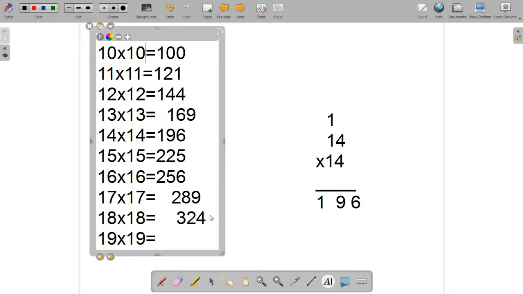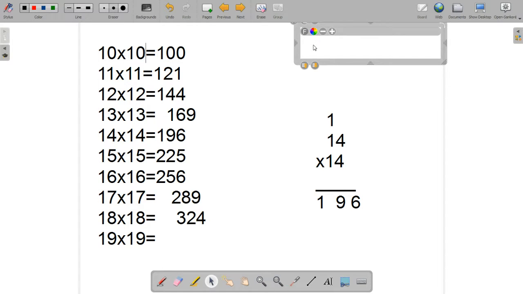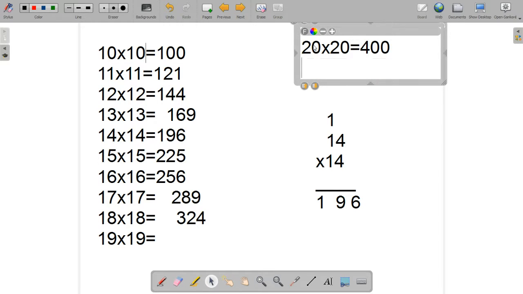Now one more. This one you could also do another way. I'll probably show you. So just think of 20 times 20. Hopefully you know that's 400. So 19 times 20, hopefully you know that when you multiply with one less, you take away, in this case you're subtracting 20.